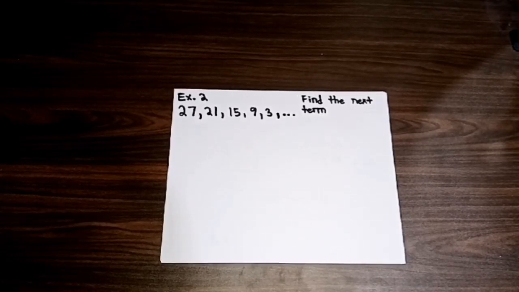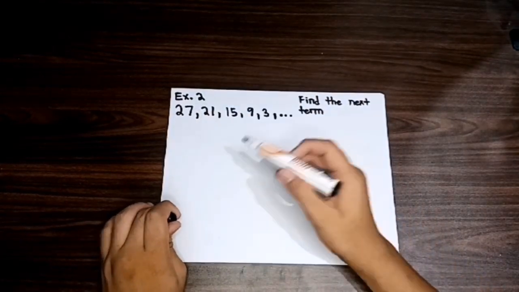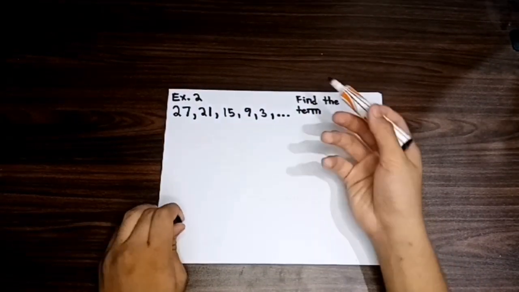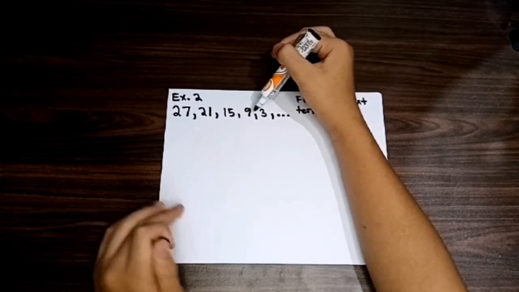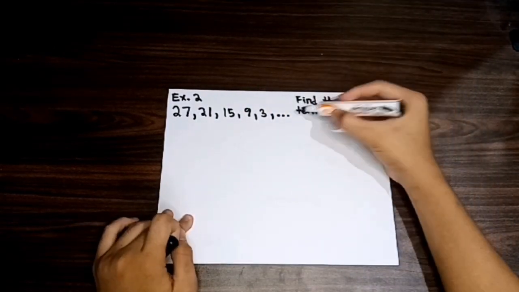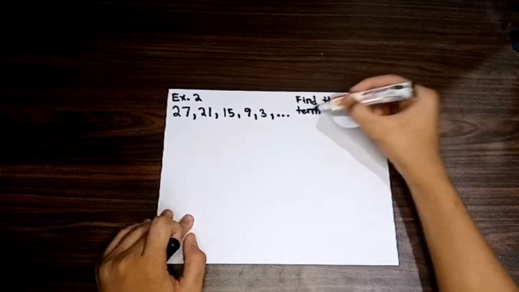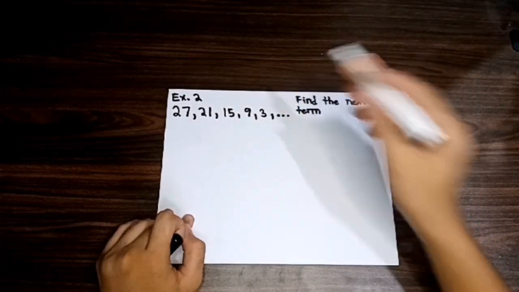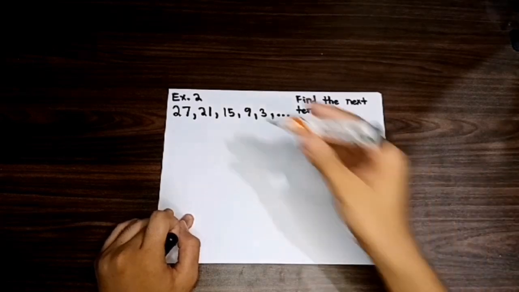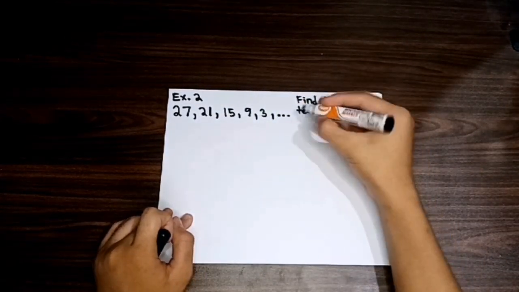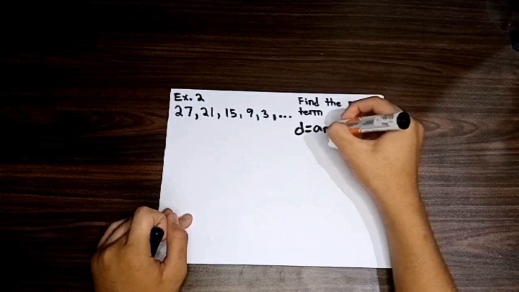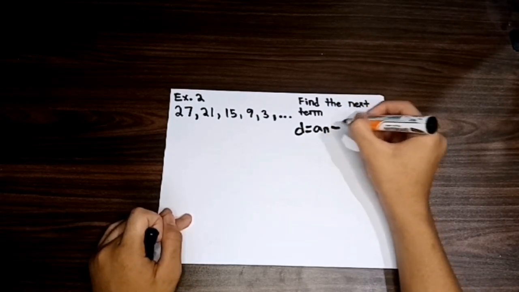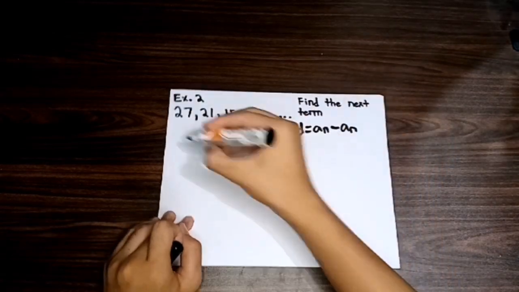Now we're up to the next example. We need to find the next term of this sequence: 27, 21, 15, 9, and 3. To find the next term, we need to find first the common difference. The common difference is found by subtracting any consecutive numbers.